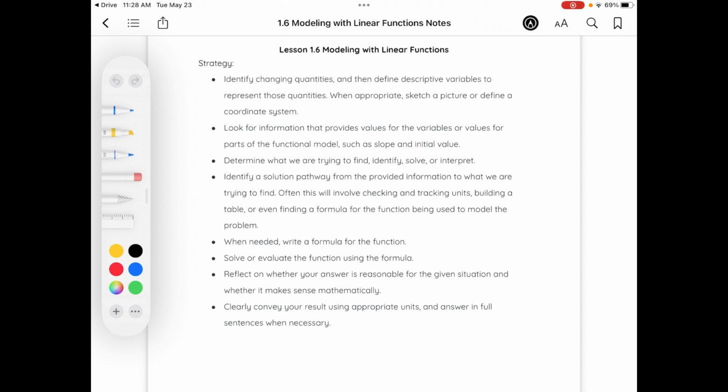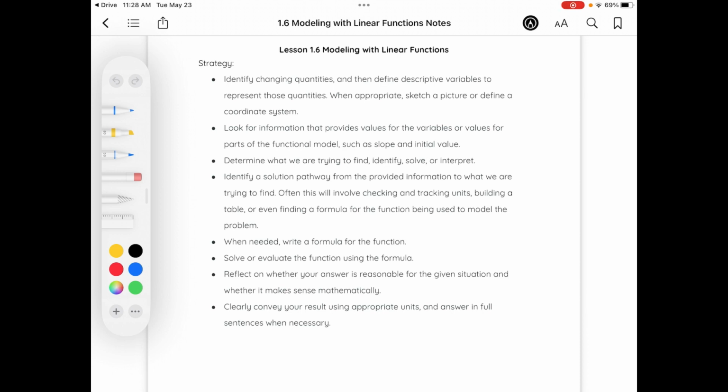Then we want to determine what we're trying to find, identify, solve, or interpret. We'll identify a solution pathway from the provided information to what we are trying to find. Often this will involve checking and tracking units, building a table, or finding a formula for the function being used to model the problem. We'll oftentimes need to write a formula for the function, solve or evaluate the function using the formula, and reflect on whether our answer is reasonable for the situation and whether it makes sense mathematically.